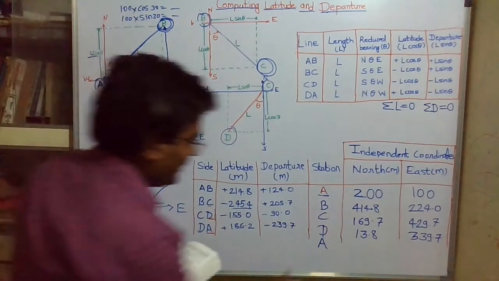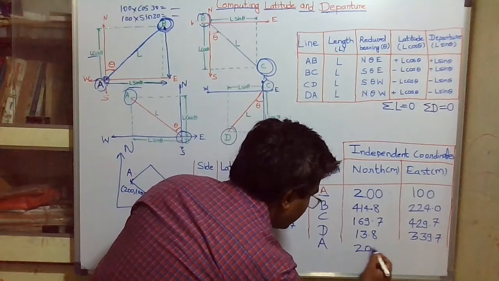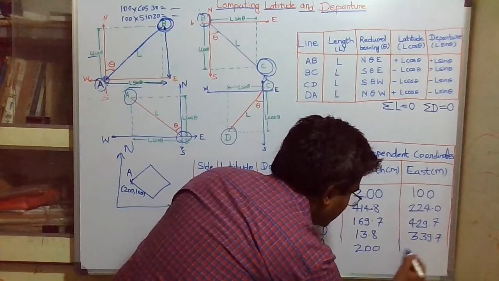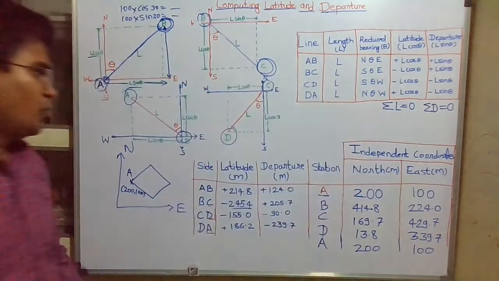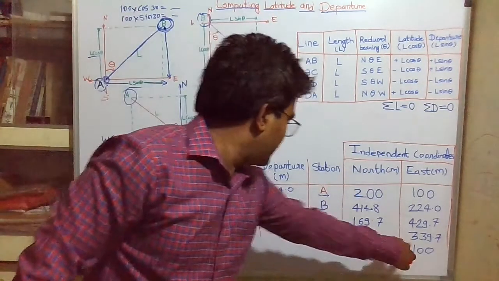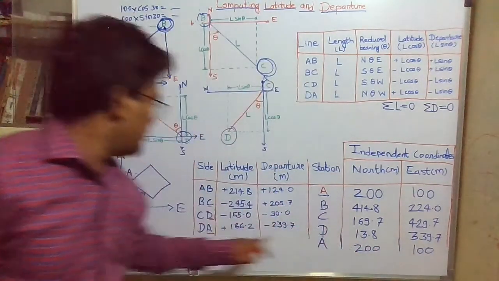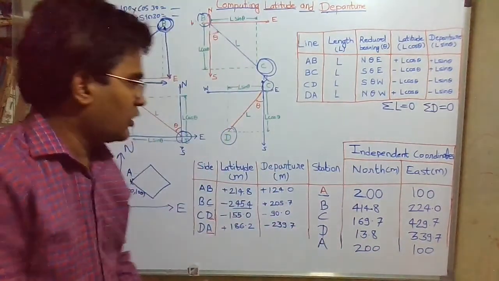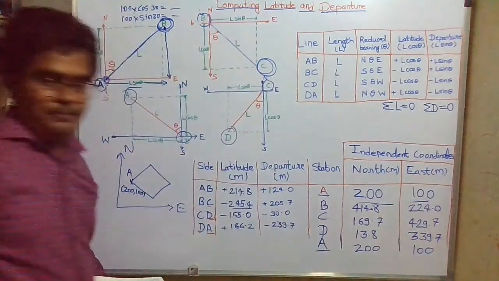Adding this, we get whatever coordinates we assumed initially, and that is nothing but the check. Try it: 339.7 minus 229.7 gives 100, and 13.8 plus 186 gives 200. So here we got the coordinates the same as we assumed initially.